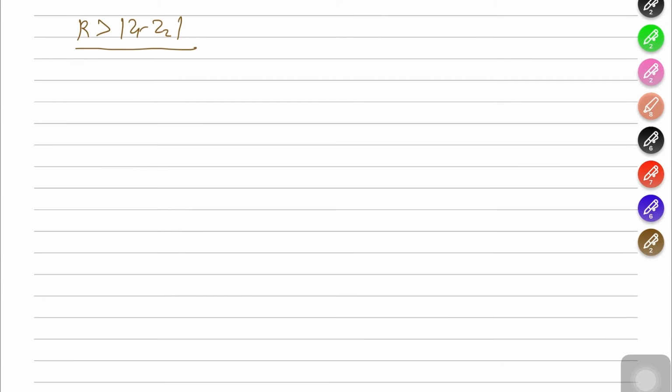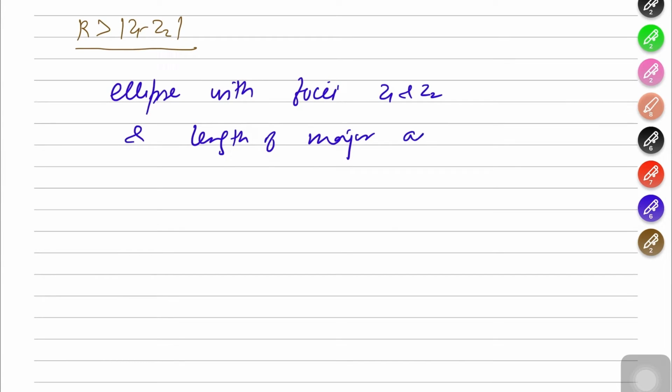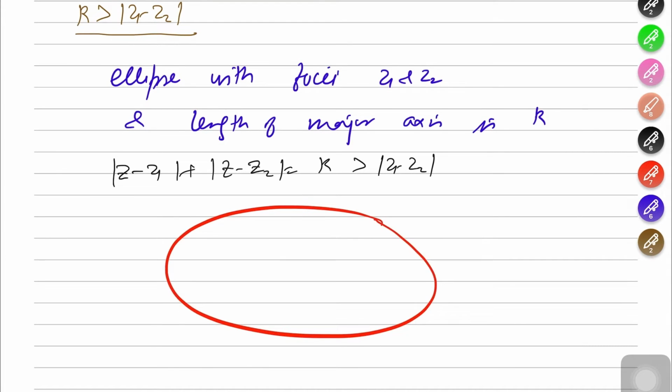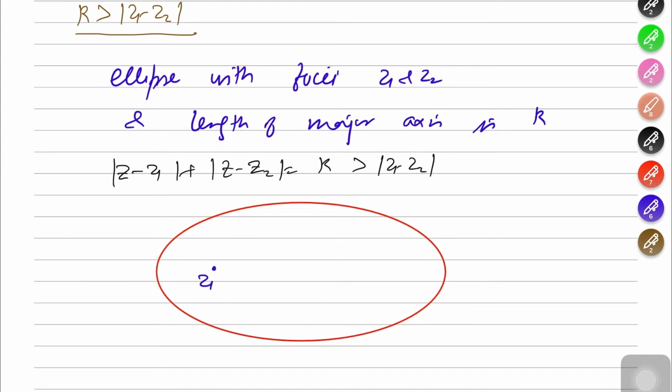If K is greater than |Z1 minus Z2|, then this locus is an ellipse with foci Z1 and Z2 and length of major axis K. That means if |Z minus Z1| plus |Z minus Z2| is equal to K, which is greater than |Z1 minus Z2|, then this clearly represents an ellipse with foci Z1, Z2 and the length of the major axis is K. Okay, so the locus is an ellipse if K is greater than |Z1 minus Z2|.